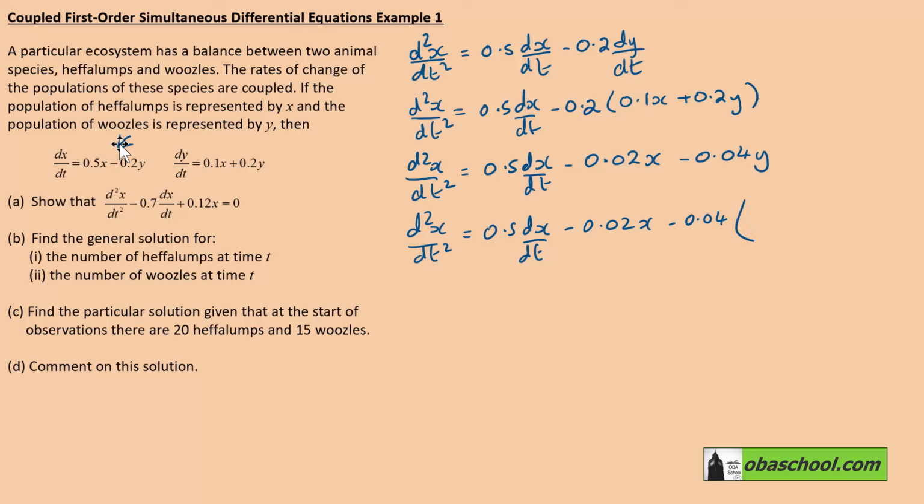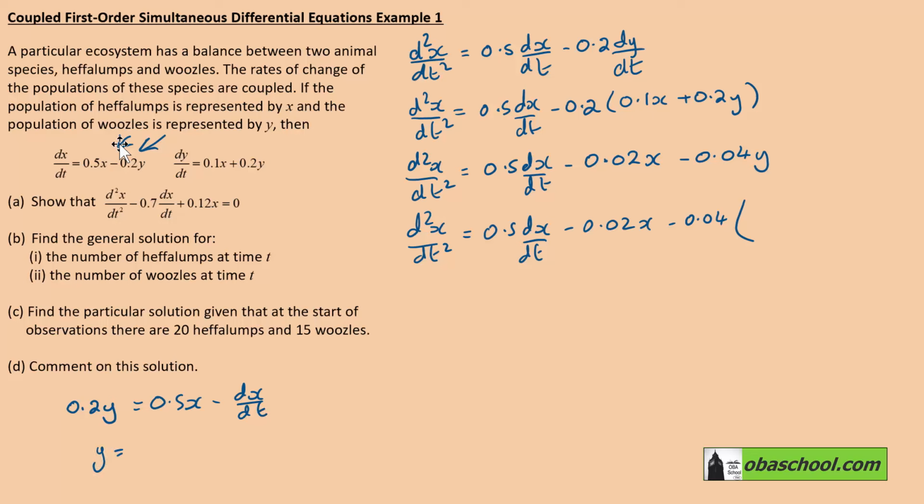Now from here, from this one, I can get 0.2y is 0.5x, take away dx/dt.